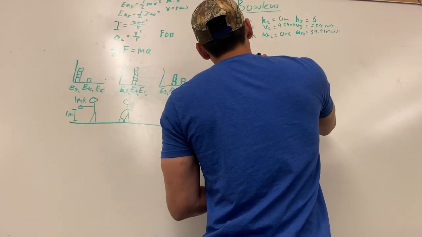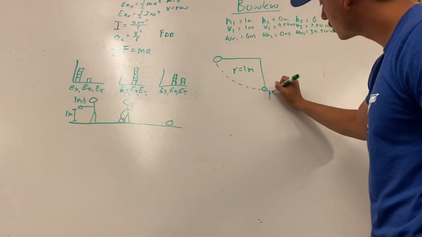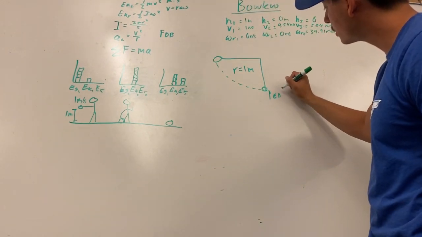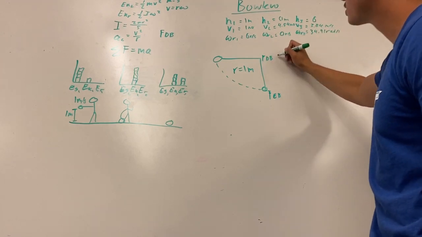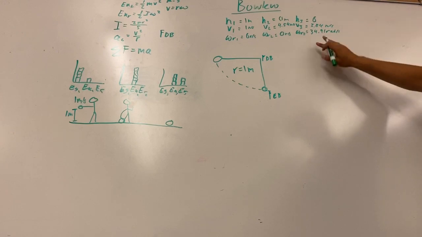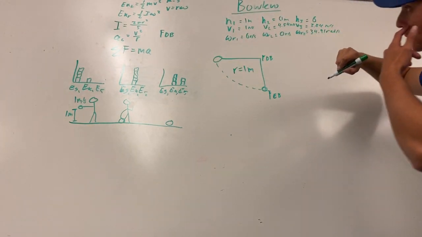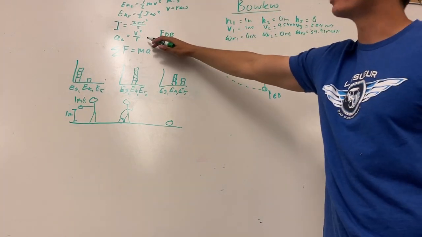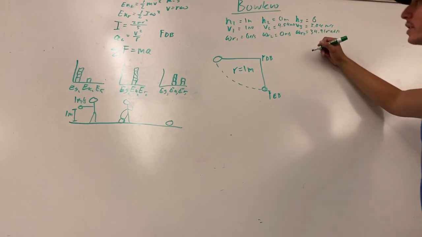So then we have force of the earth on the ball down here, force of David on the ball up here. We want this one. So using this and centripetal acceleration, which is also here, we can go ahead and set up our equation.